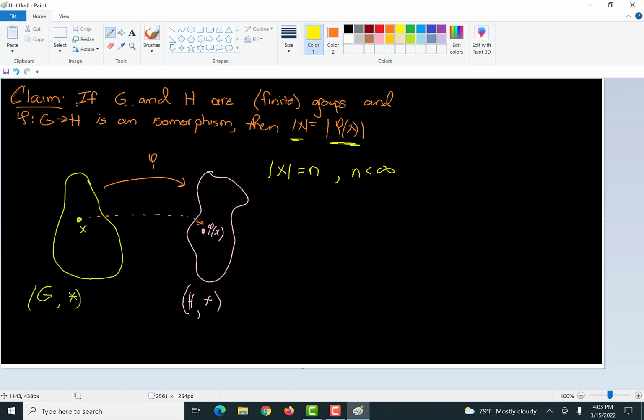So what this means is, the order of X is n, sorry for my handwriting there, that was a bit messy, but I'm on a tablet here. What that means is that X to the n is the identity, and the identity in G, that's really clunky notation, E sub G, so I'm just going to call it a 1.